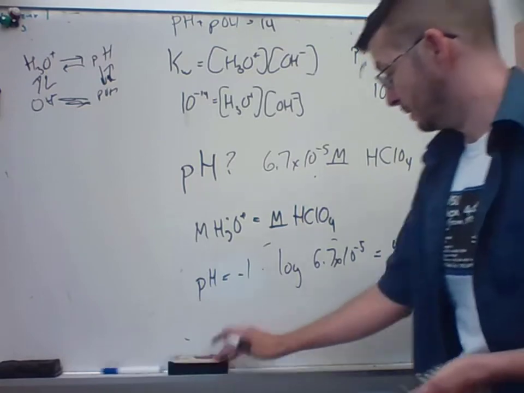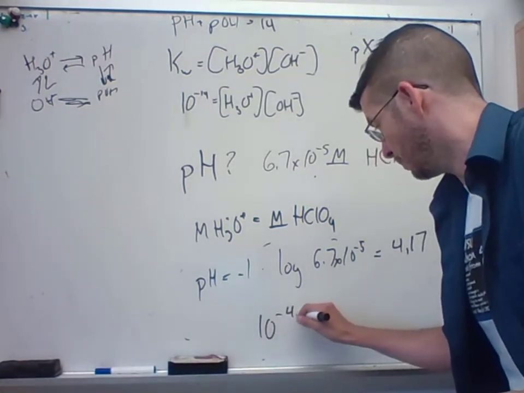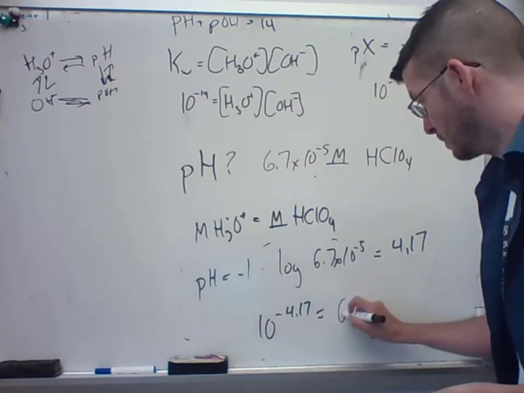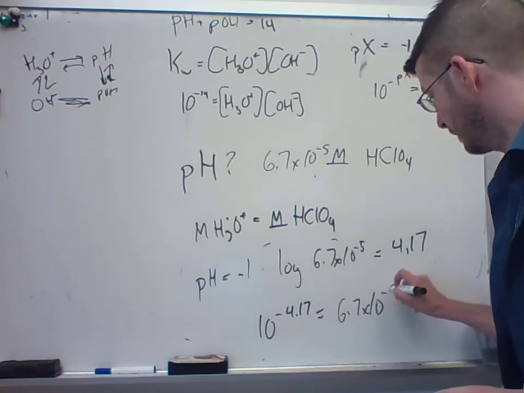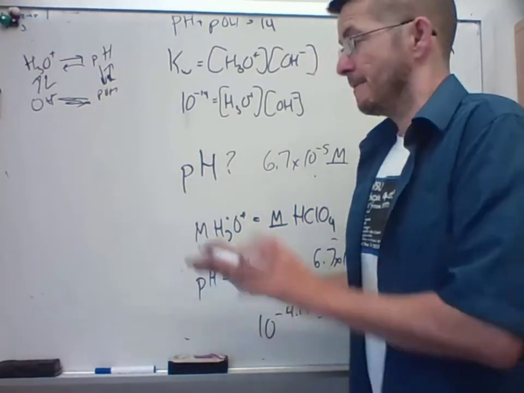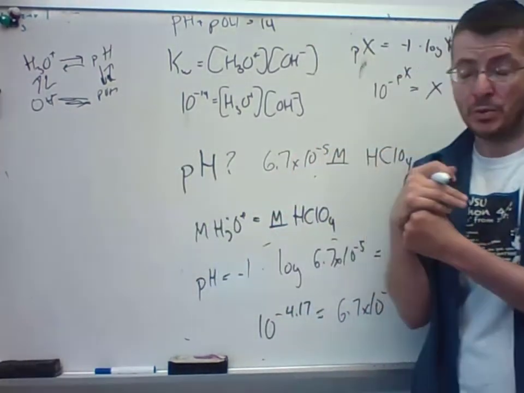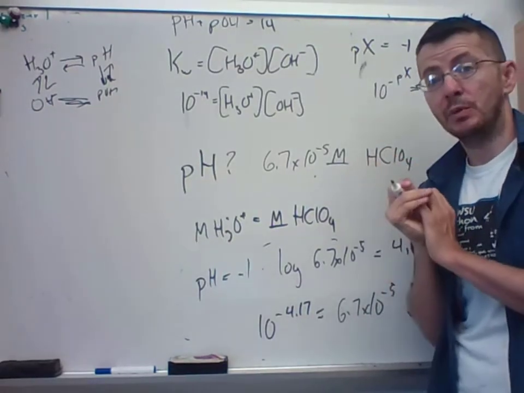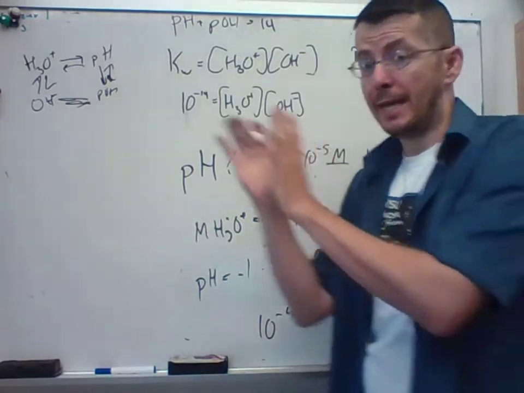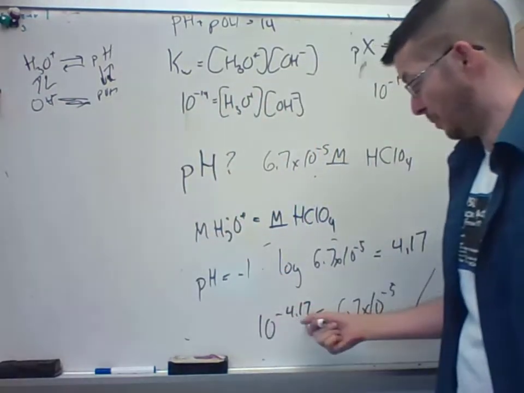And to check it, 10 to the negative 4.17 will equal 6.7 times 10 to the negative 5th. All right, so knowing the pH, you can go to H3O+. Knowing the H3O+, you can go to pH. Or knowing the pH, you can go to acid concentration. So that's what we did here.